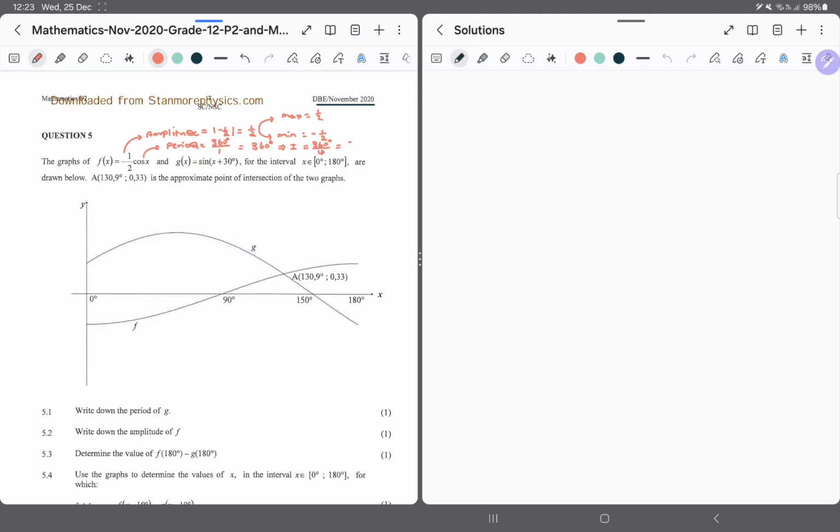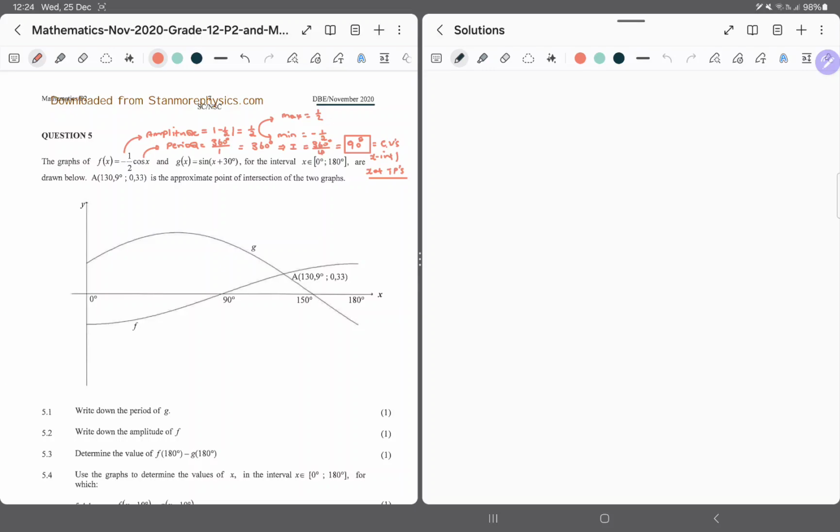And of course this gives us 90 degrees. Now this already tells us that our critical values, the CVs, are either an x-intercept or an x at turning points, because the y-intercept itself is not really a big deal in this regard.